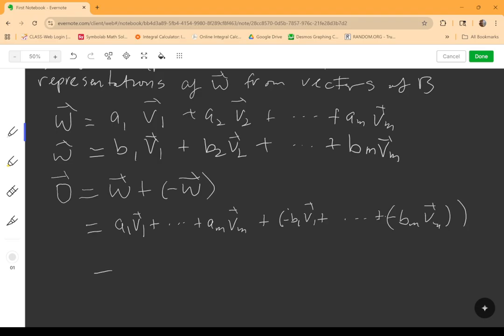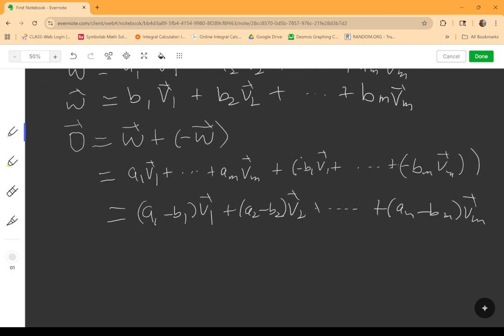And then again using vector space properties, by moving them, associating them differently, and then using the distributive property, we get (a1 minus b1)v1 plus (a2 minus b2)v2, etc., all the way to (am minus bm)vm. Well, now we go back to our hypothesis for our set B. We know the set B is linearly independent.